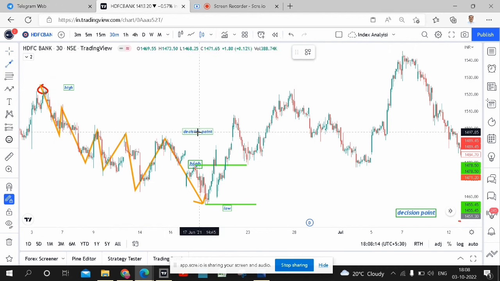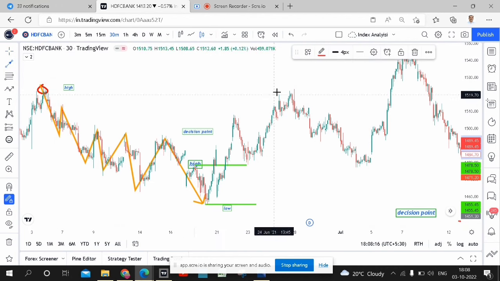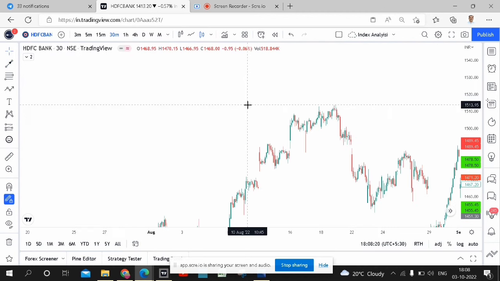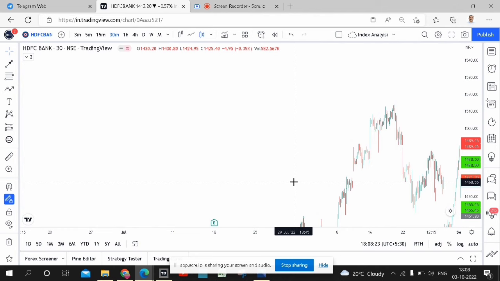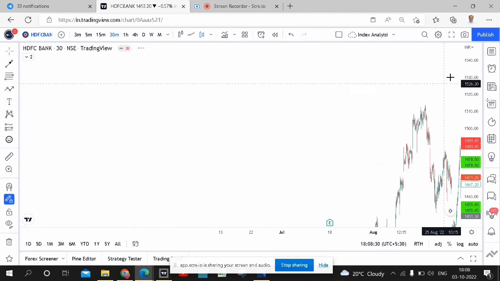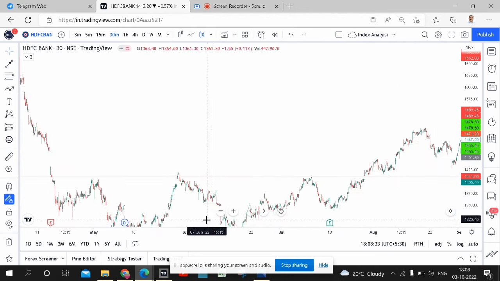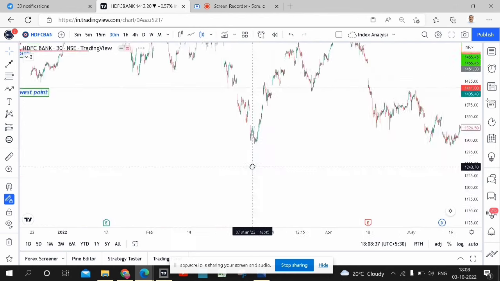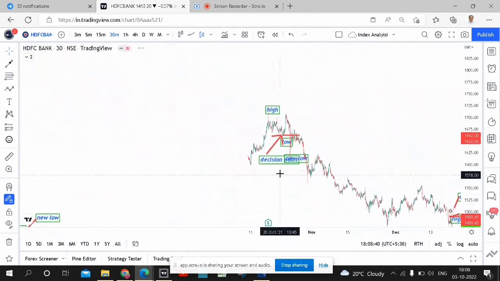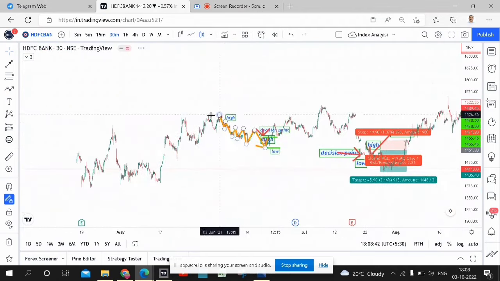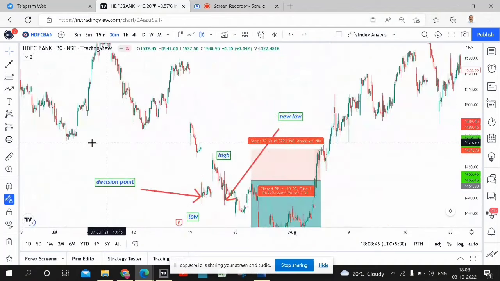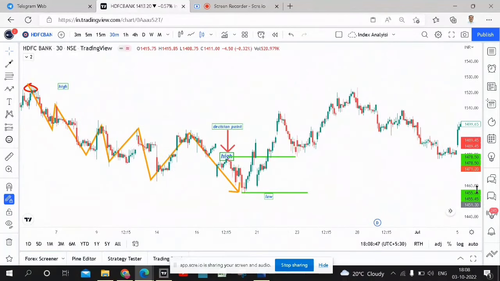This previous high will become the decision point.